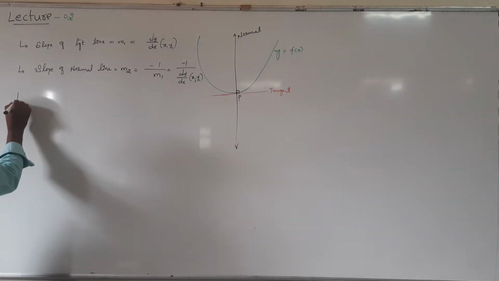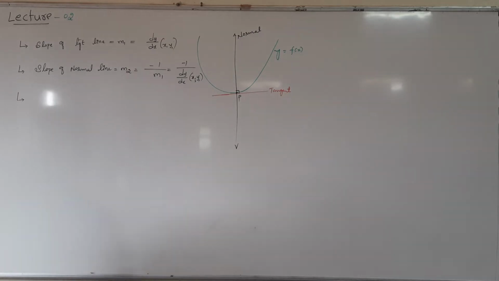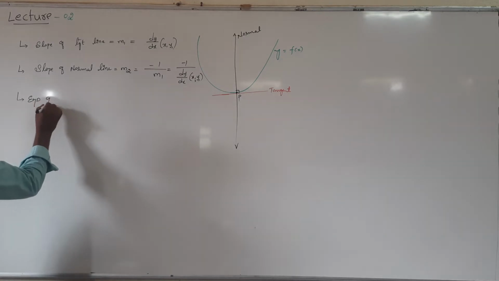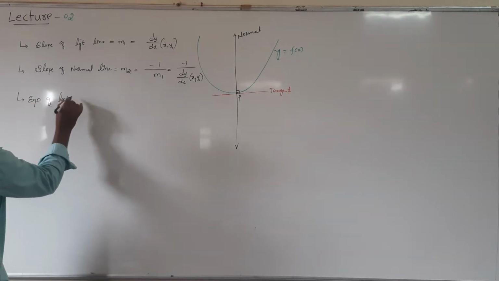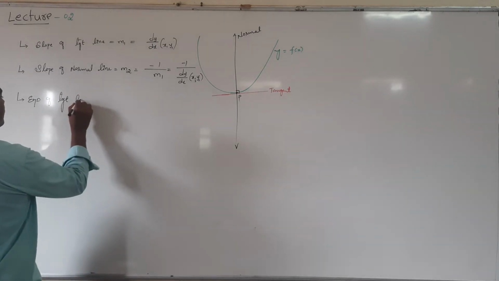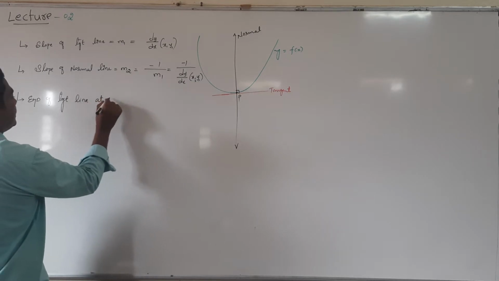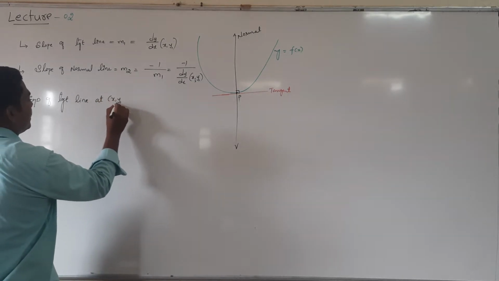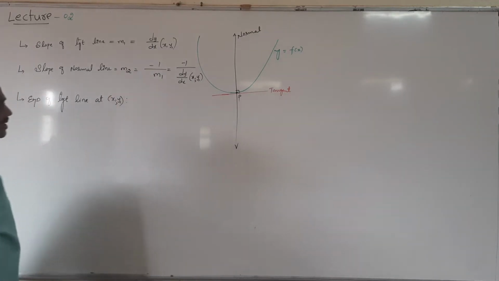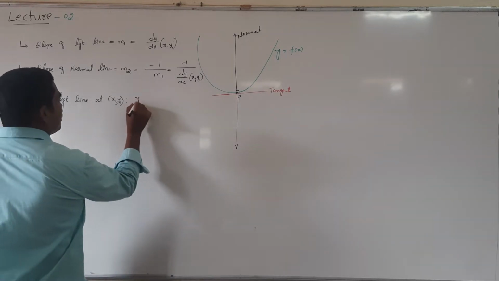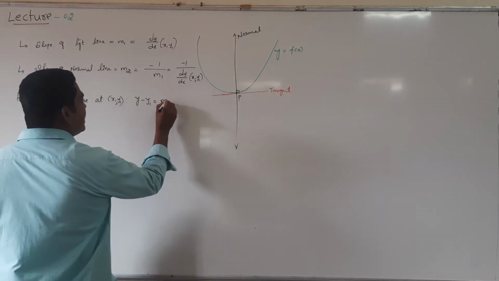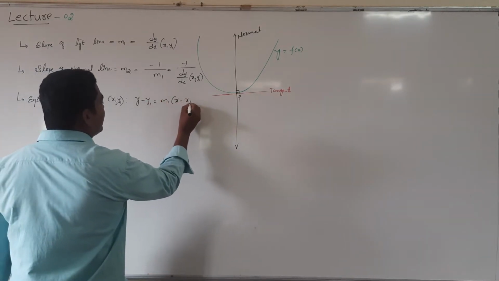Next, equation of tangent. Equation of tangent line at x1 comma y1 is y minus y1 is equal to the slope of the tangent line, that is m1, into x minus x1.